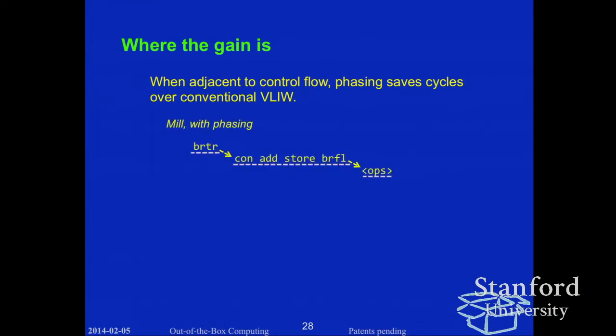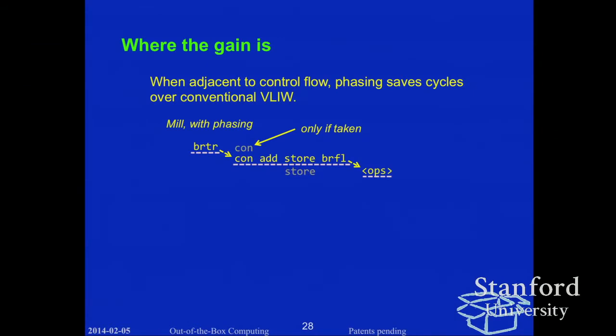If, for example, the basic code is there's a branch, and say it's an if-then-else, and the then part is doing our con-add-store and then doing another branch to someplace else, well then, Mill phasing will move the con up there, and that is true only if the encircled branch is in fact taken, because only then does that instruction in the then part actually happen, and only then does the con wind up actually having already executed in parallel with the branch.